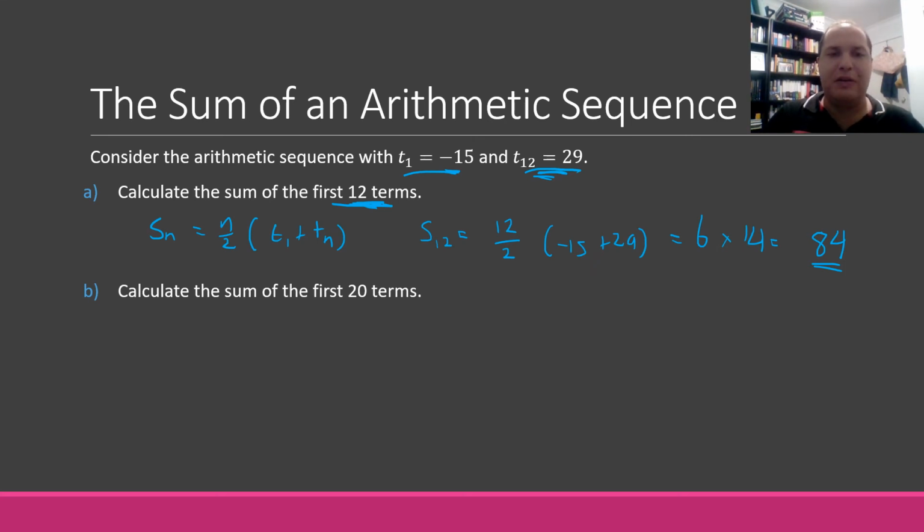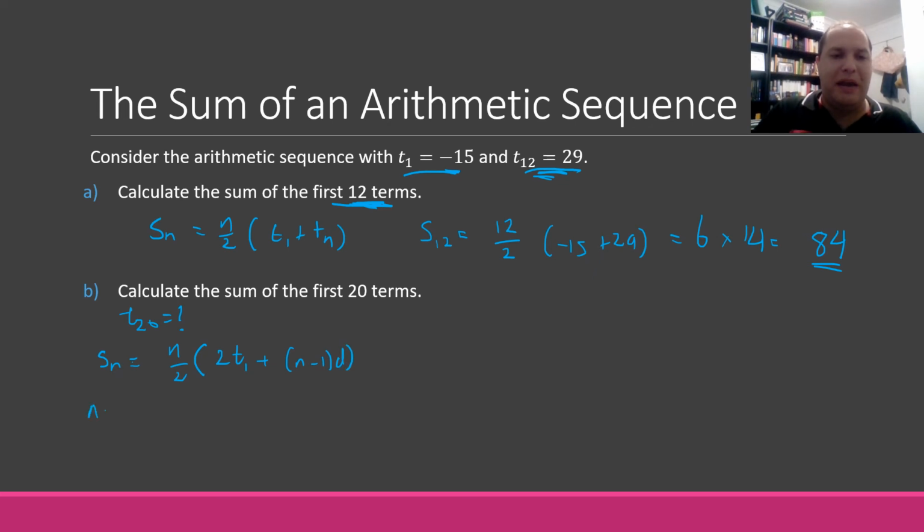This next one will be a little bit trickier because in this case, we actually don't know what the 20th term is. We're not sure what it is. We could work it out, and that might be a way you would use to try and solve this problem. I would actually just rather use our other formula, Sn equals n over 2 times (2T1 plus (n minus 1)d).